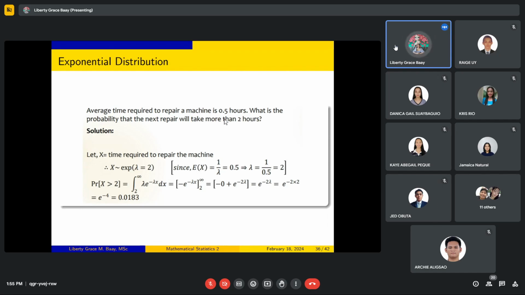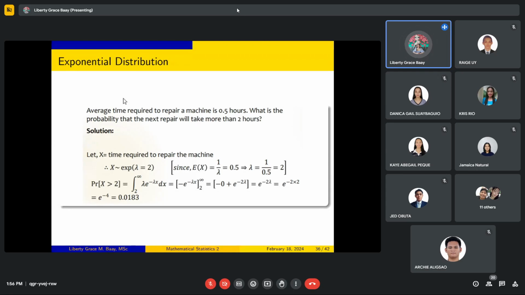It is stated here that the next repair will take more than 2 hours, which means that we are asked to find the probability of x more than, so greater than 2. For more than, the symbol is greater than, and for less than, of course, less than. You should also know at least and at most.